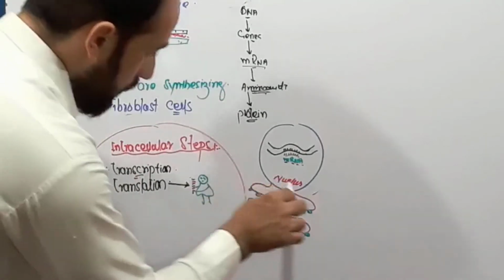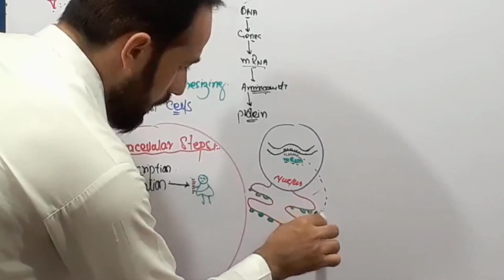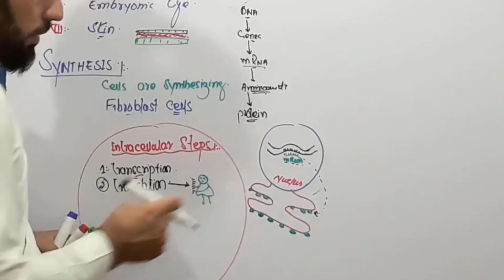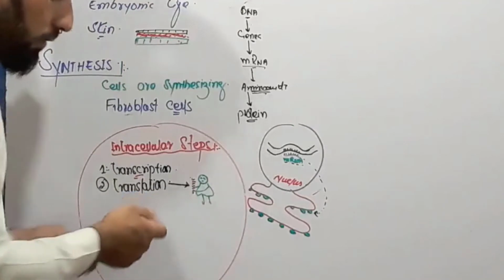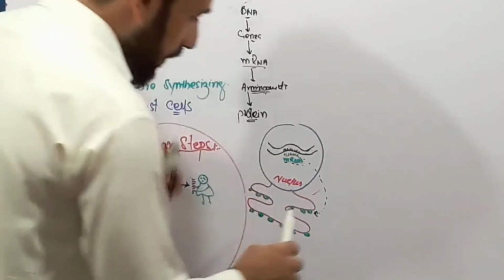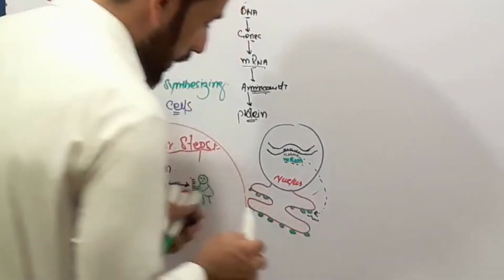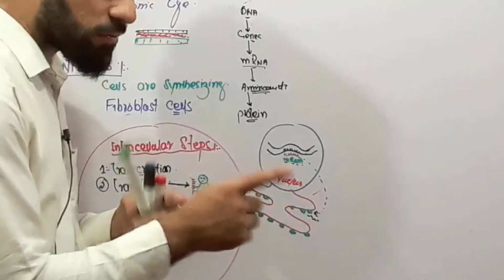So whenever this messenger RNA comes out, it will be taken by these ribosomes, and these ribosomes will first read and translate those codes, and they will be quickly translated into a small protein.